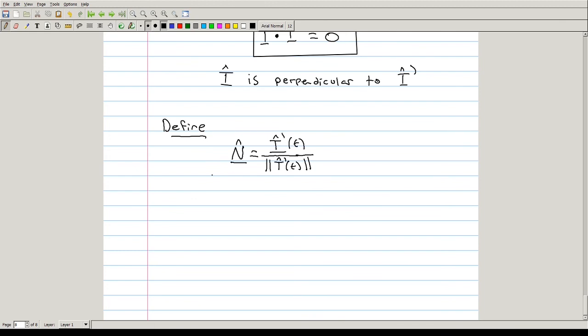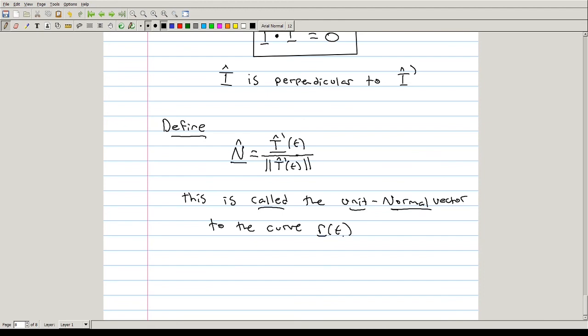So this vector is called the unit normal vector to the curve r of t at a given point.